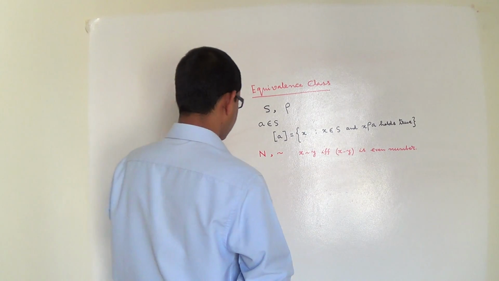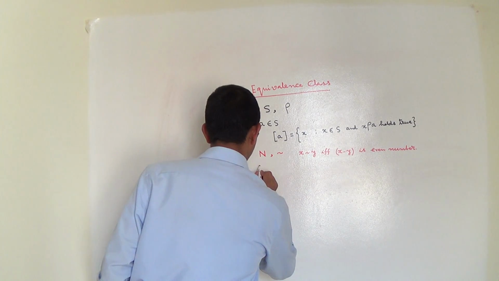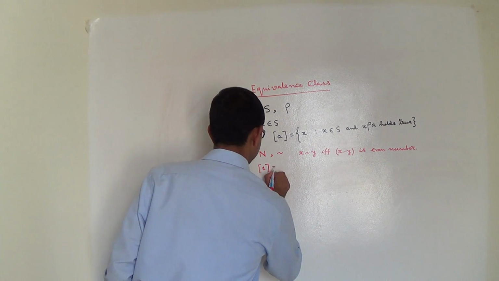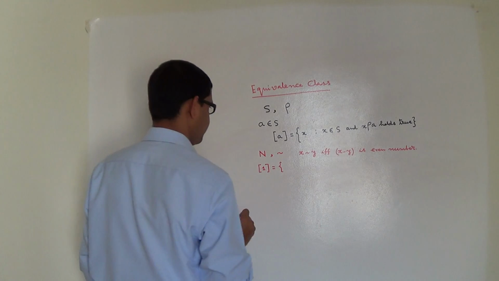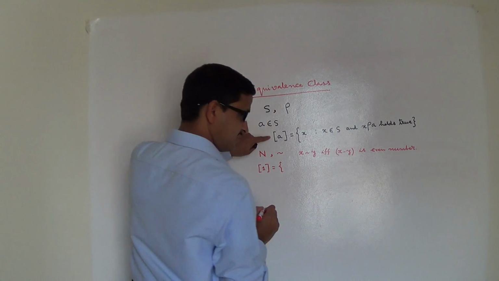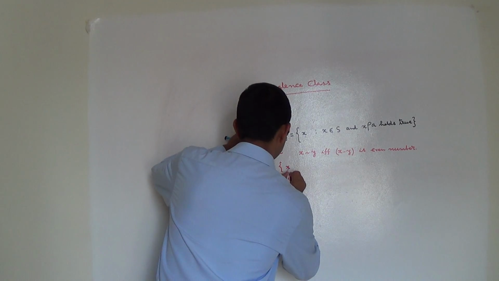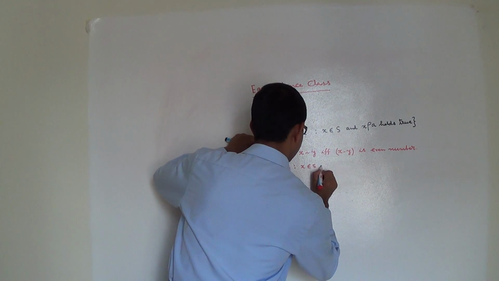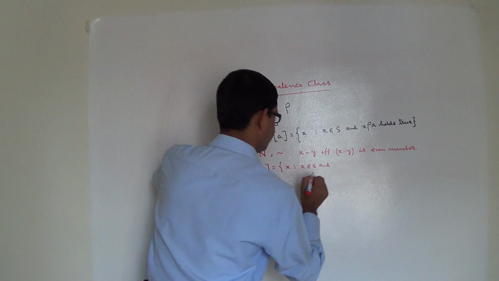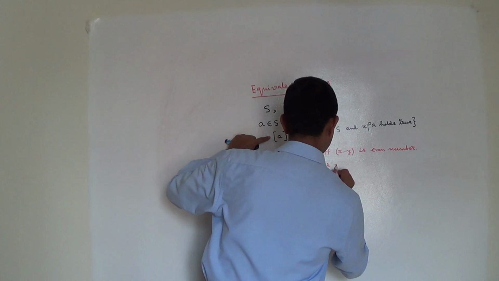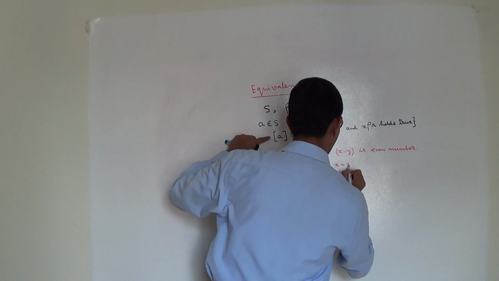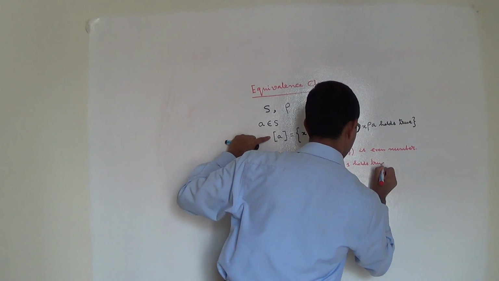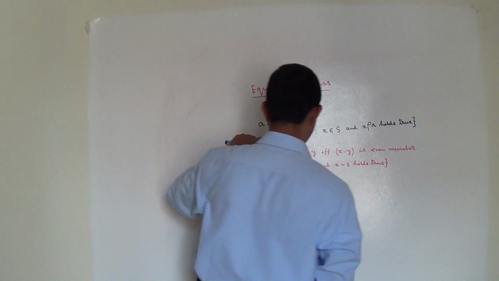Now let us construct the equivalence class for the element 1. What will it be? According to this definition, it will contain those elements x such that x belongs to S and x tilde 1 holds true. What does it mean?